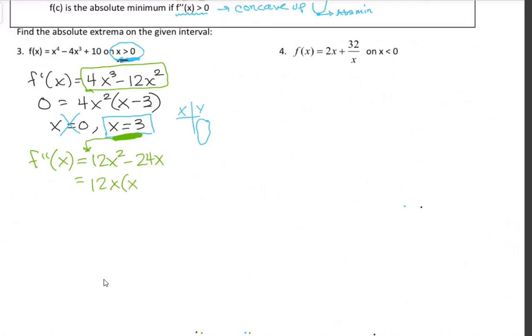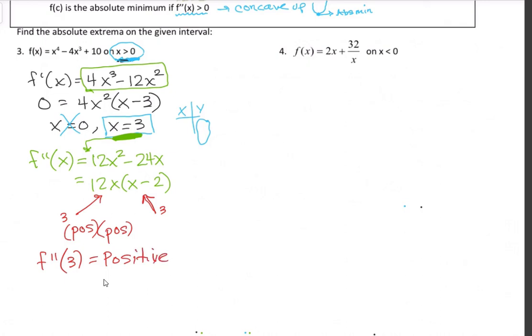So if I factor out a 12x, now I can tell that if I plug 3 into that front factor, that's going to be positive. And if I plug 3 into that second factor, that's also going to be positive. So I know that when I plug 3 into that second derivative, it equals a positive value.